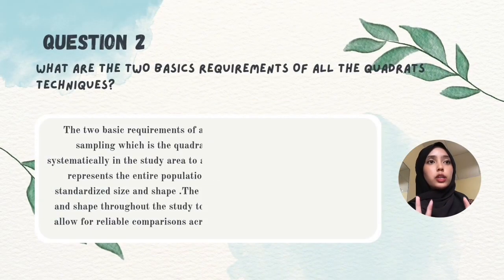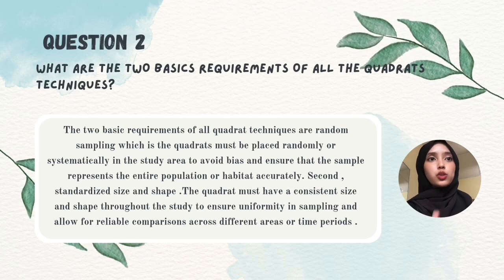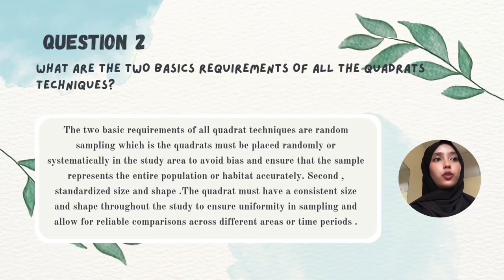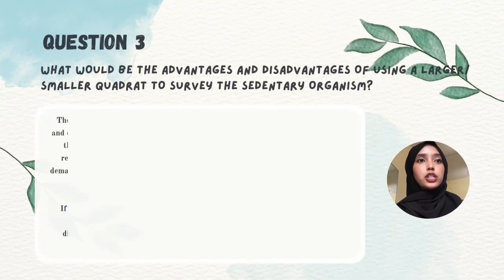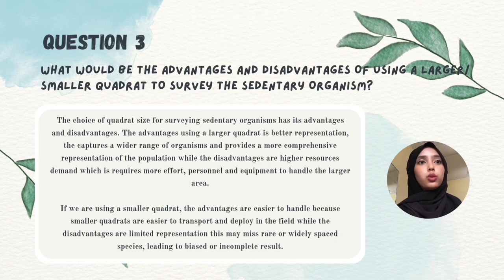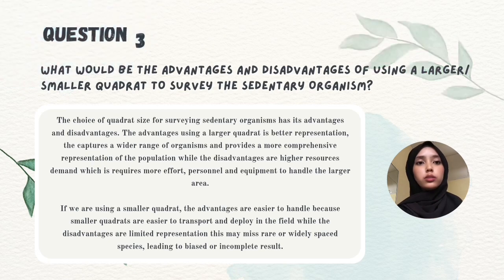The two key requirements for quadrat sampling are random placement to avoid bias and consistent size and shape for reliable comparisons. Larger quadrats provide better population representation but require more resources. Smaller quadrats are easier to handle but may result in limited representation and biased results.